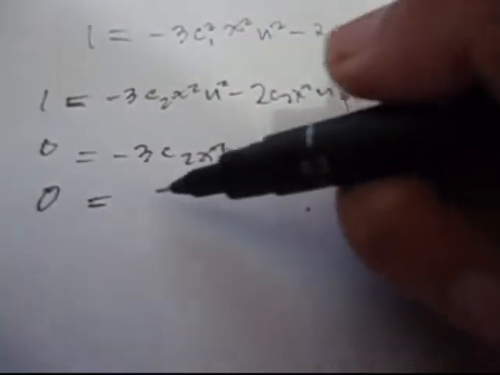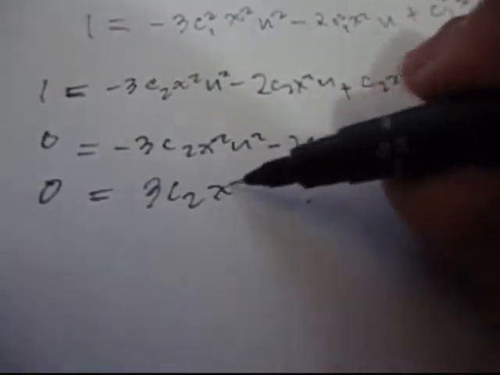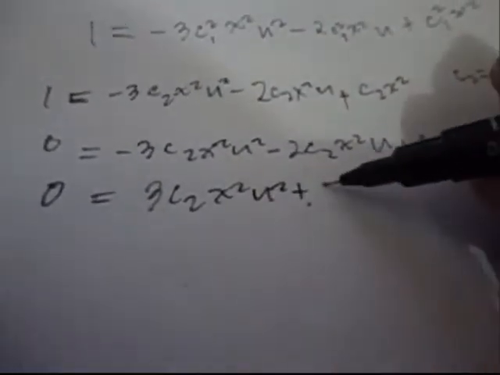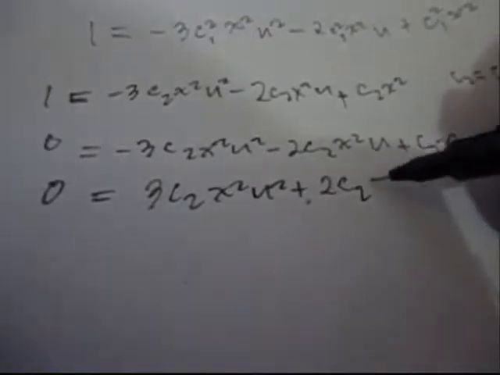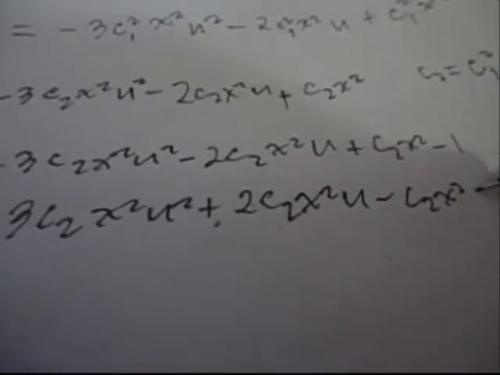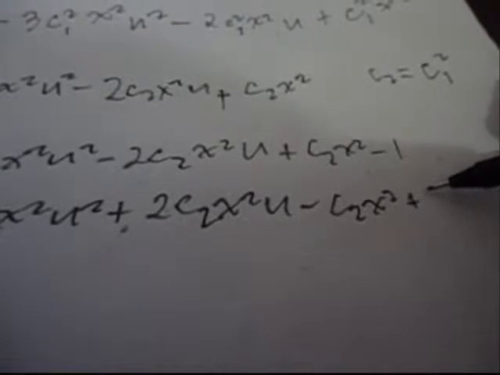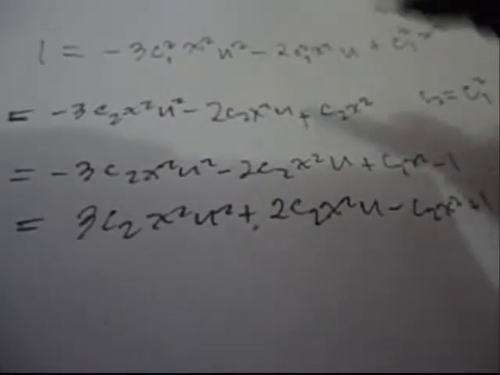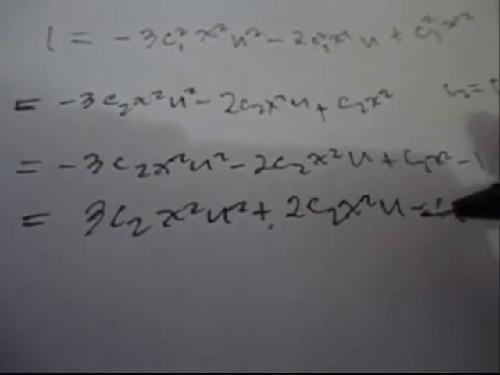And we can rewrite this equation by multiplying both sides by negative 1, so we have 0 is equal to 3c2x squared u squared plus 2c2x squared u minus c2x squared plus 1. As you notice, we have a quadratic equation here.